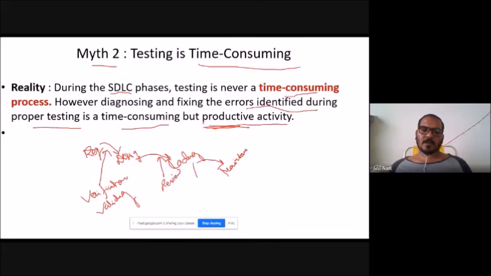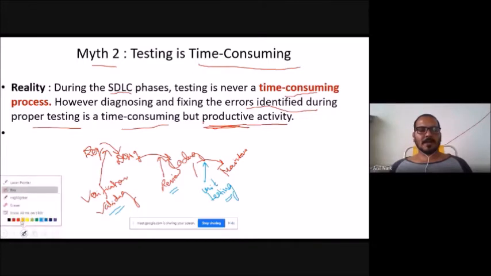Then in the coding, we go for unit testing. So at the end of each phase, we are doing some testing process. Initially, it may take time for fixing the errors and all, but it is a productive one.